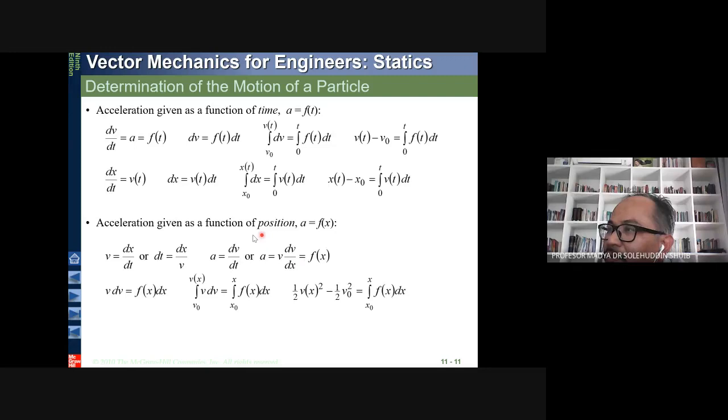This is for the second case, acceleration as a function of position.